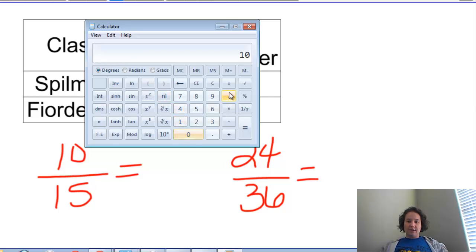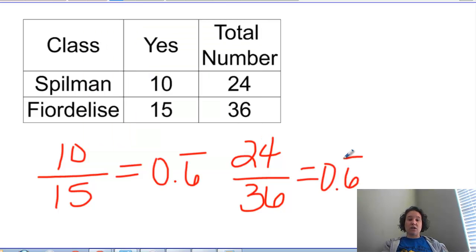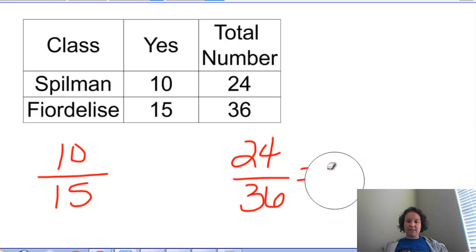So I'm going to do 10 divided by 15, and that equals 0.666, so 0.6 repeating, which is the same as 2/3. And for the second ratio, I'm going to do 24 divided by 36, and that equals the same thing. And that means that those are a proportion. They do form a proportion. They are two equal ratios. Now we're going to compare these using our two other methods and see that we get the same thing.